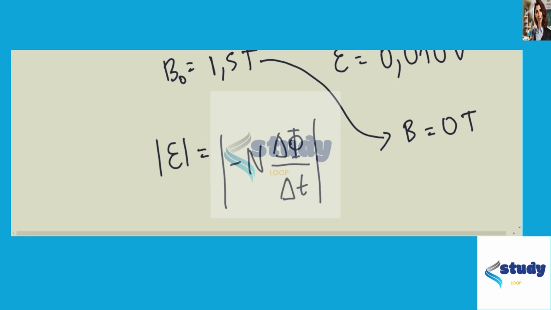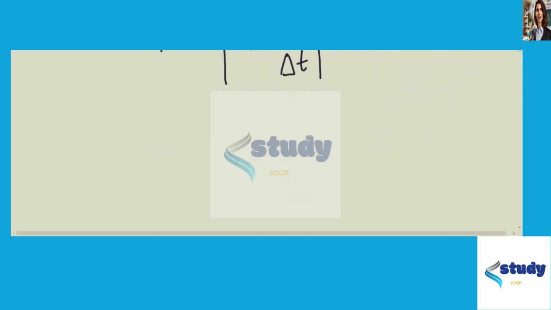Now, the magnetic flux is obtained from this equation that we know, that is the flux is equal to the product between the magnetic field times the area times the cosine of the angle that the normal of the surface makes with the magnetic field vector. Now in this case, that angle is 0, so we will obtain cosine of 0, which is 1. So we obtain just this product in here.